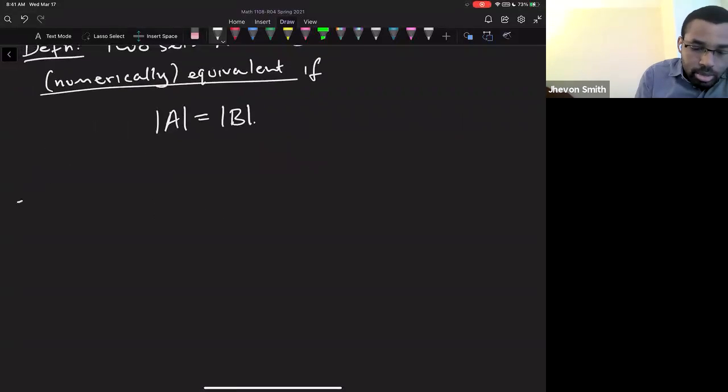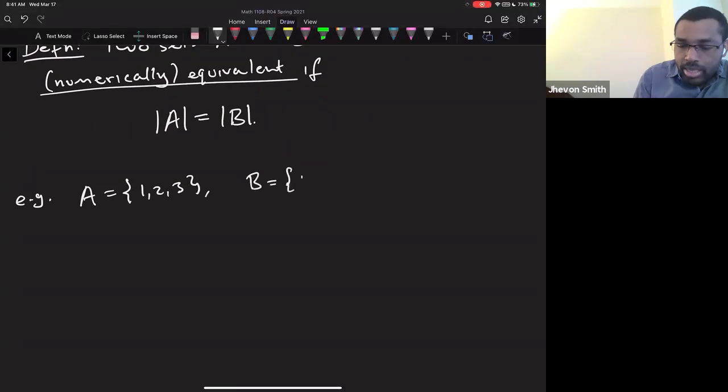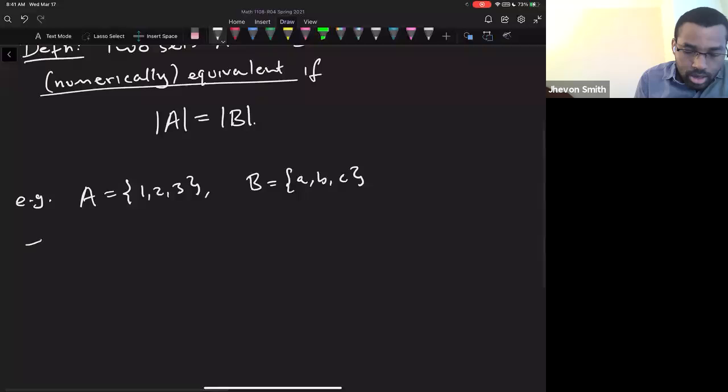So for example, let's say my set A here is {1, 2, 3}, and my set B here is {a, b, c}. Then clearly, A is not equal to B. They're not the same. They're not equal.